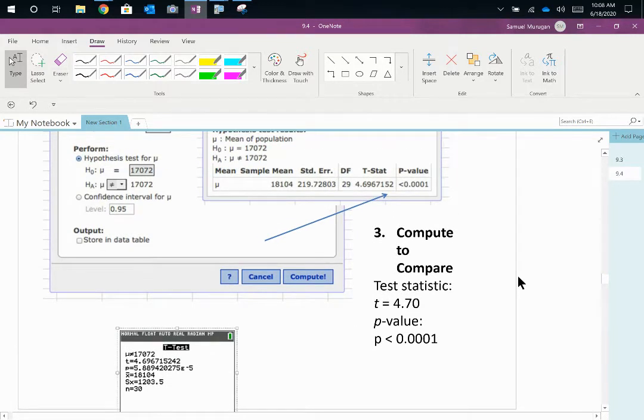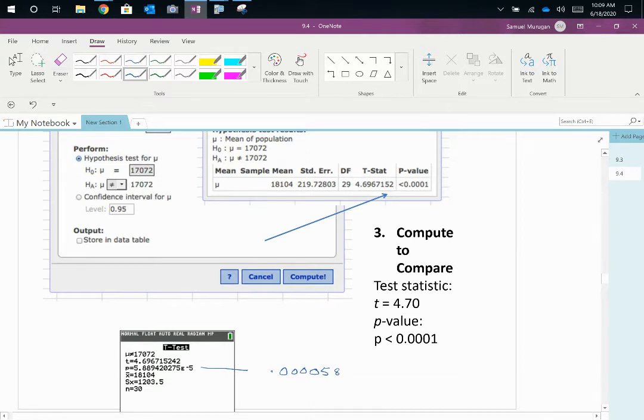You can see that the t statistics is 4.6967. And if you notice, the p-value here is given as to 5 zeros. In other words, that's the p-value there is 0.00058.